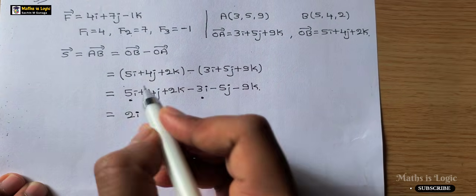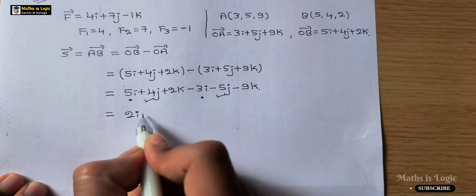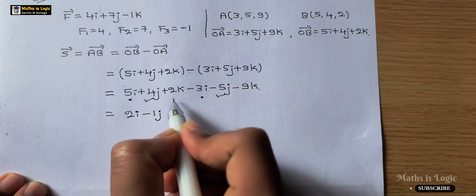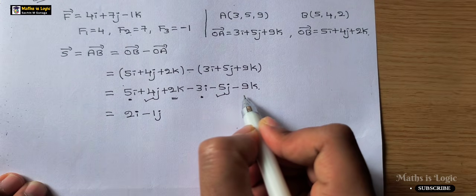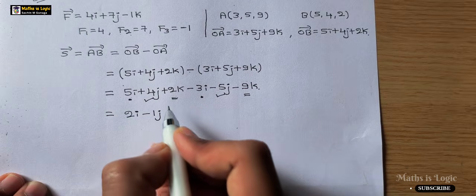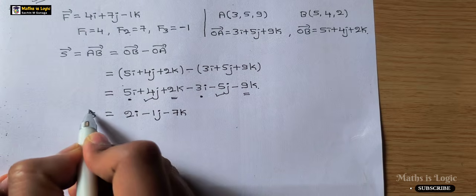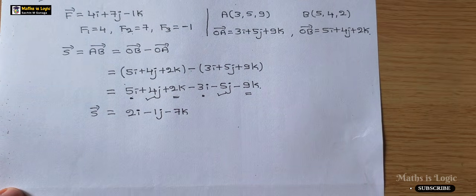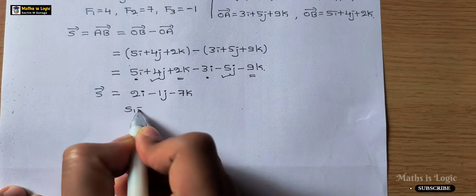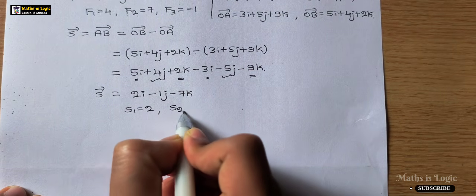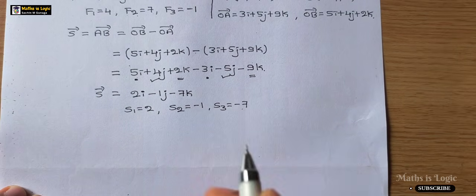Next j with j: 4j minus 5j, 4 minus 5, minus 1 times j. Next k with k: 2k minus 9k, so 2 minus 9 is minus 7k. So this is the value of the S vector, that is the displacement. Therefore here S1 becomes 2, S2 becomes minus 1, and S3 becomes minus 7.